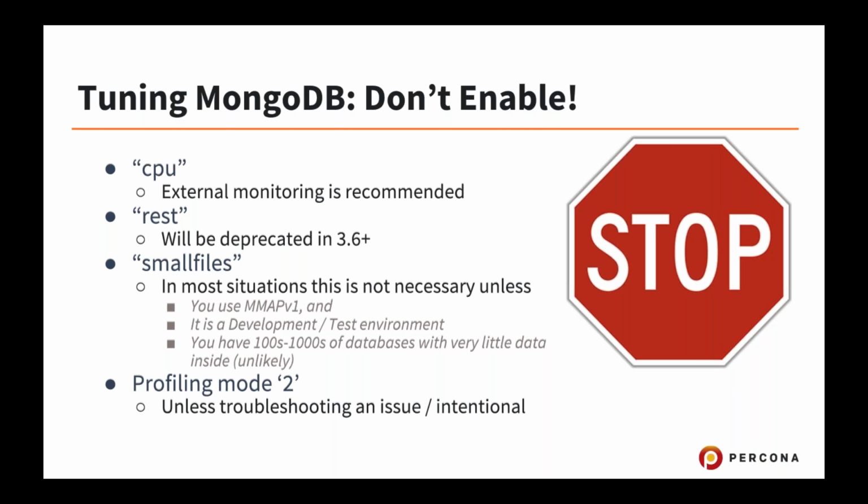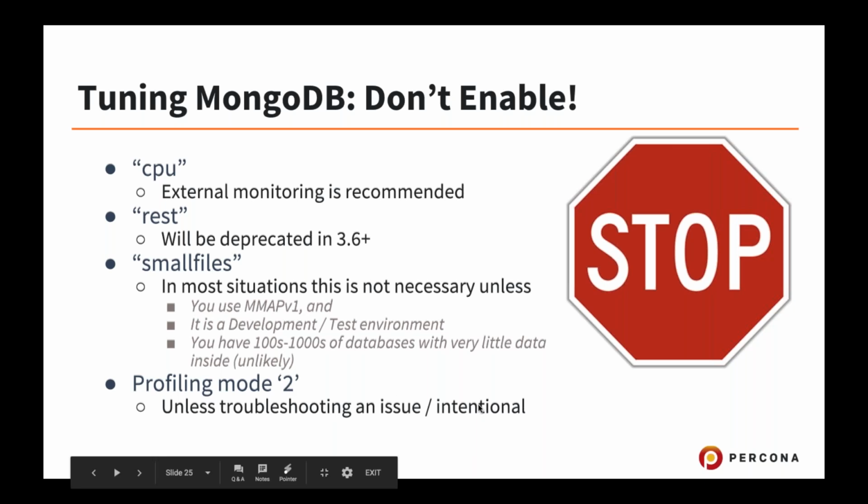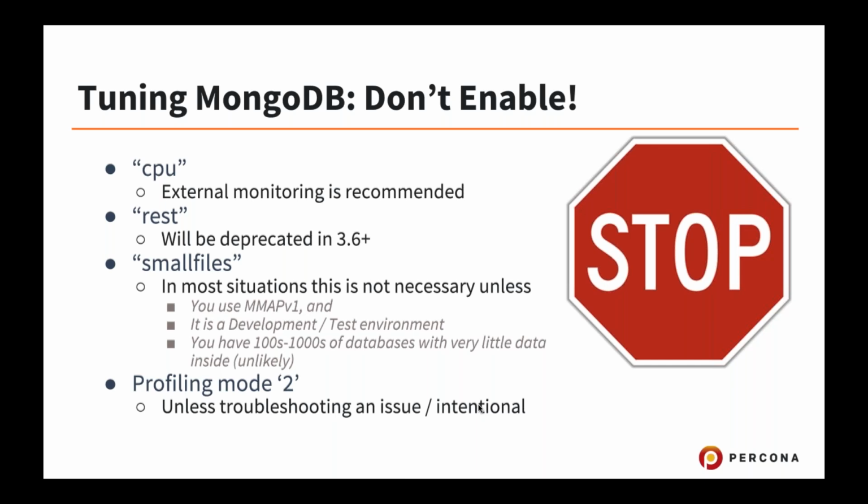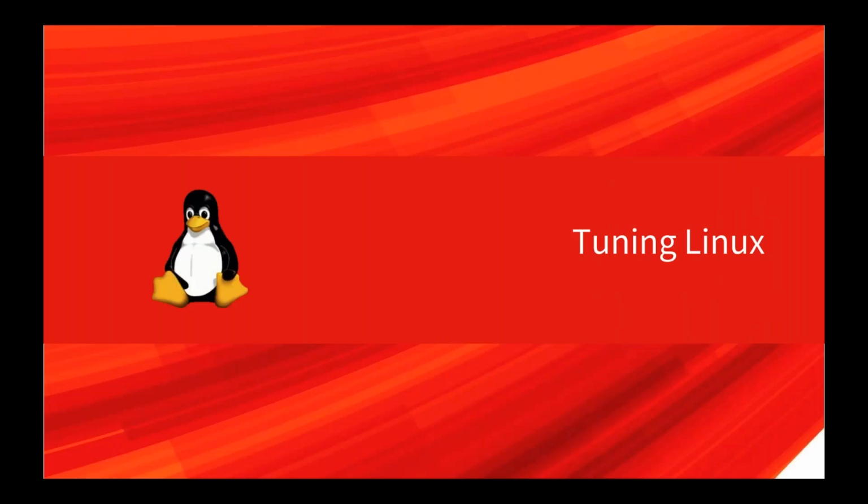Same with profile mode 2, which means everything in the database is profiled. Maybe do that if you know that the server can handle it, but that is probably a little more data than you need. Percona PMM monitoring, tied up with Percona Server for MongoDB, actually does a random sampling of queries, even if they're not slow, that will end up in the query analysis portion of PMM.